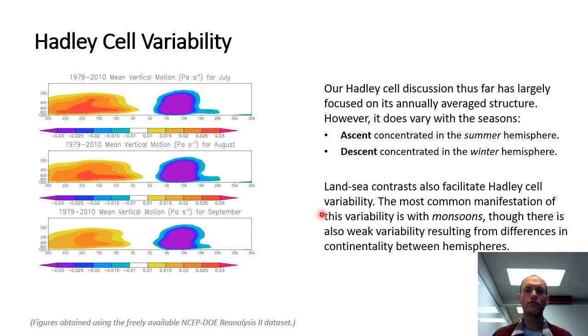So we get these heating-driven monsoon circulations that cause a concentration of ascending motion to be found off of the equator in each hemisphere over land, whereas over water you'd see a comparative minimum in rising motion associated with that. And this is partially driven by the variability in how quickly land responds to an amount of heating as compared to water.